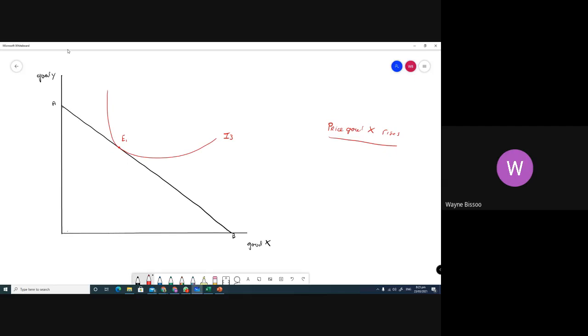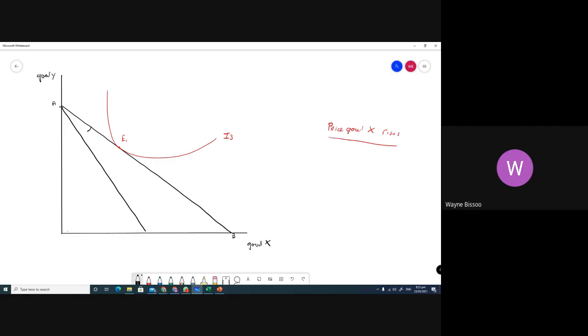The budget line now pivots inwards, not so? Is that true or not? Yes, sir.